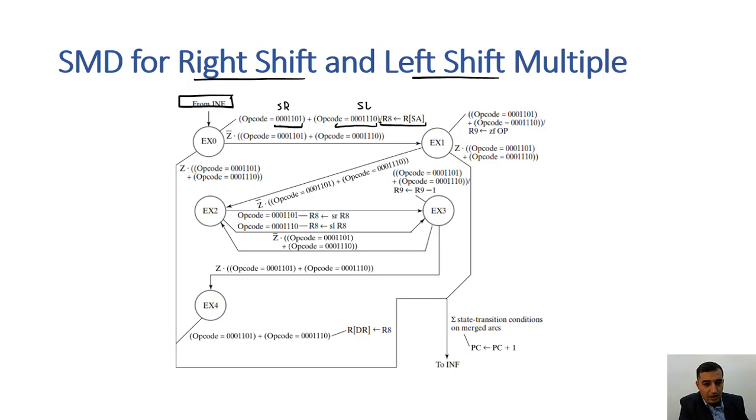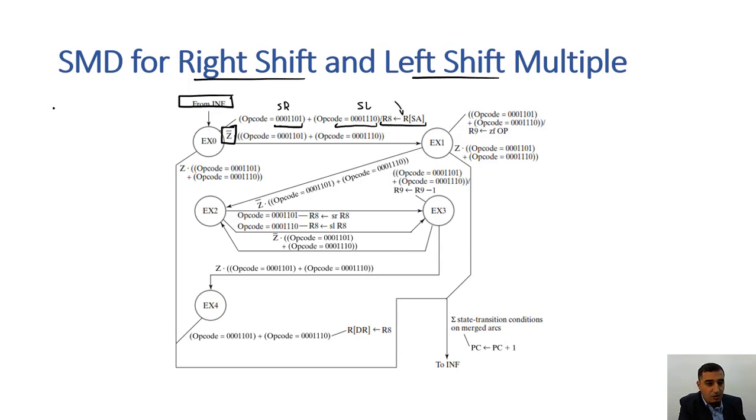Now once I move RSA into R8, I'm going to check the Z flag. Because this instruction is a little bit different, we are going to shift multiple times. The number of times we are going to shift is stored in RSA.